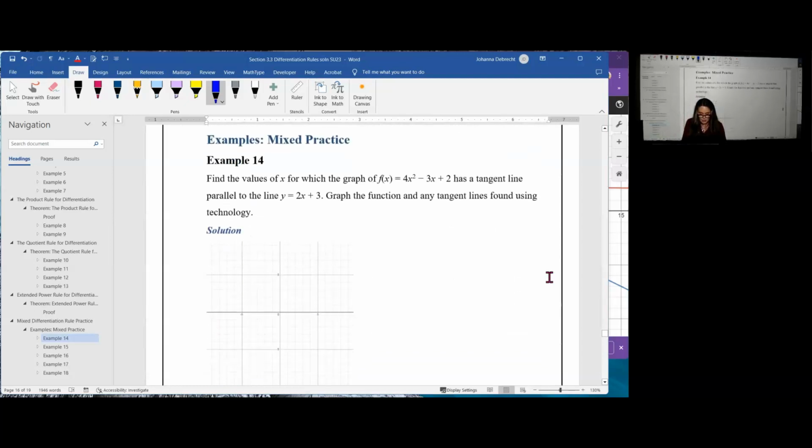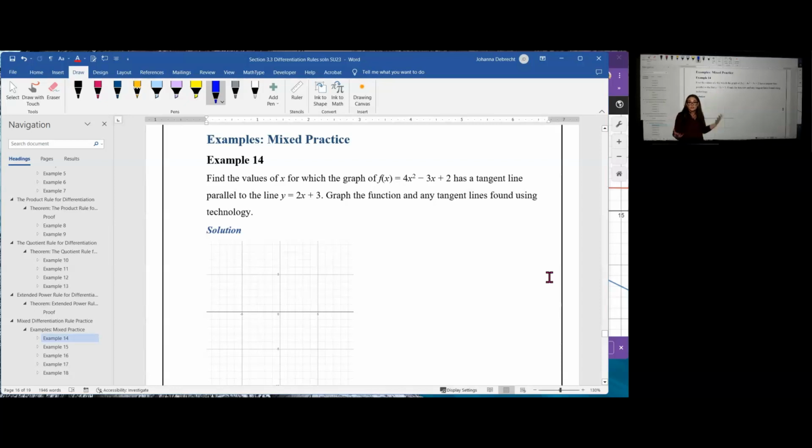In 14, we want to find the values of x for which the graph of 4x squared minus 3x plus 2 has a tangent line that is parallel to the line y equals 2x plus 3. Well, that tells me immediately that the slope of the tangent line has to be the same as the slope of the parallel line.